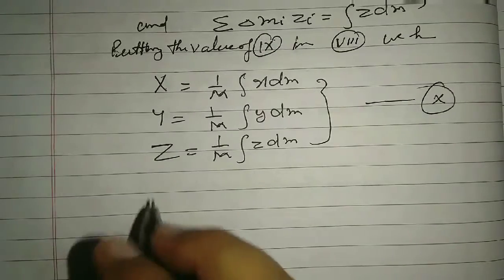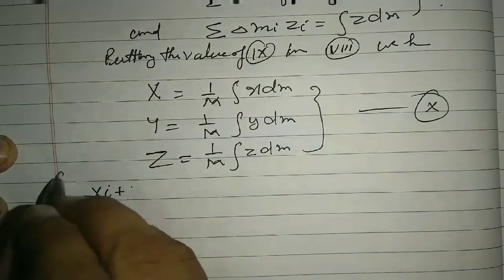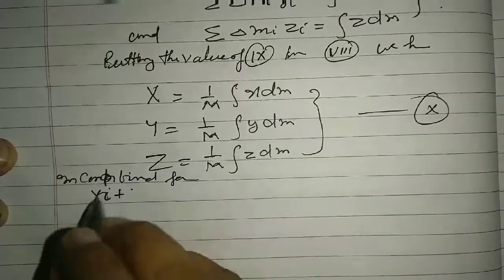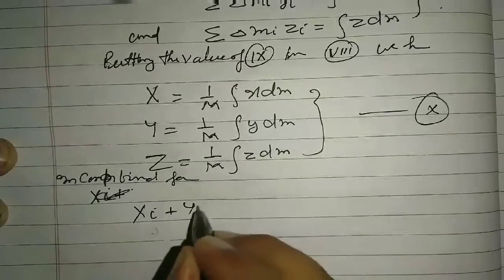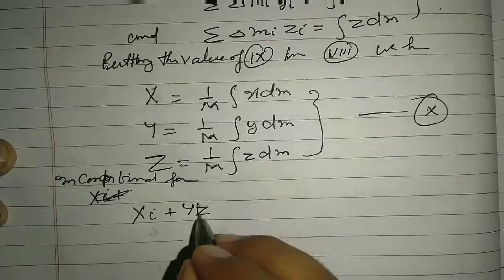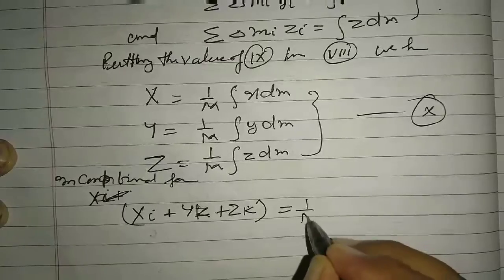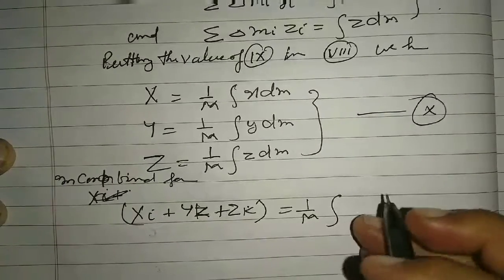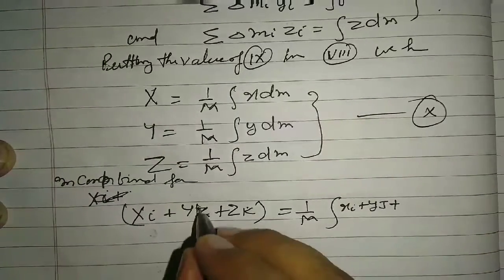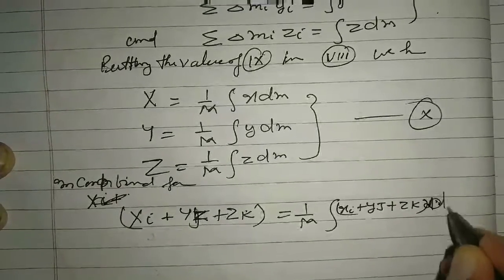Now this can be written in combined form: xi plus yj plus zk is equal to 1 upon M integral of (xi plus yj plus zk) dm.